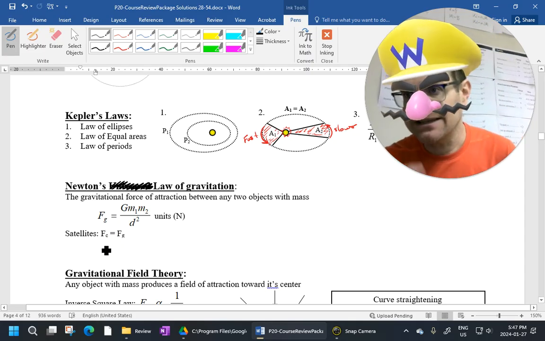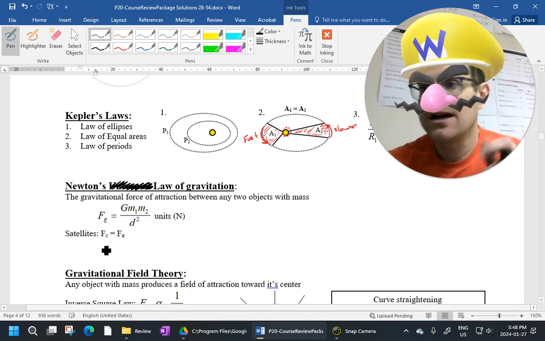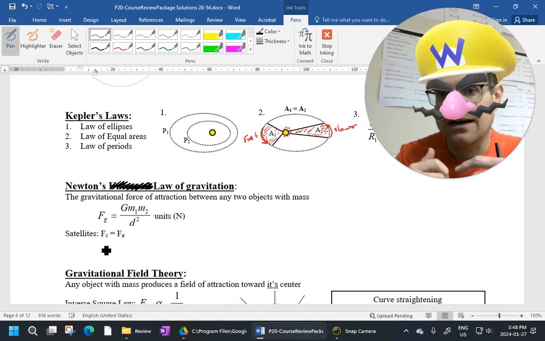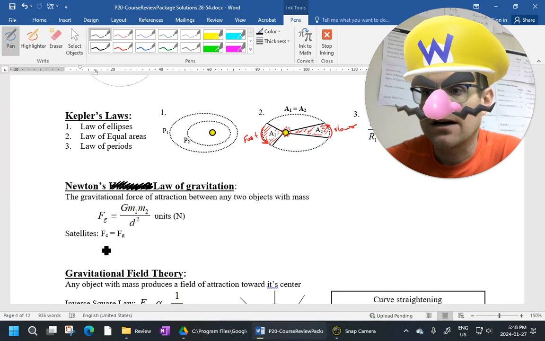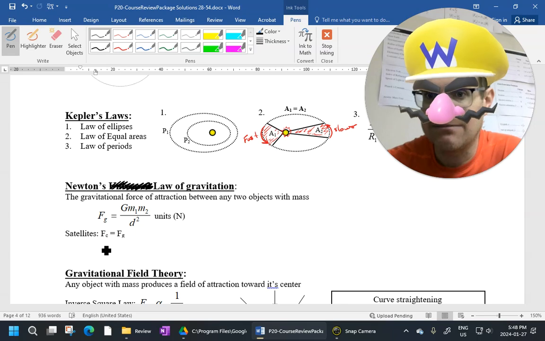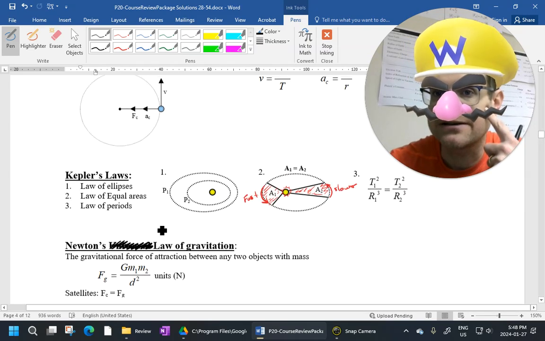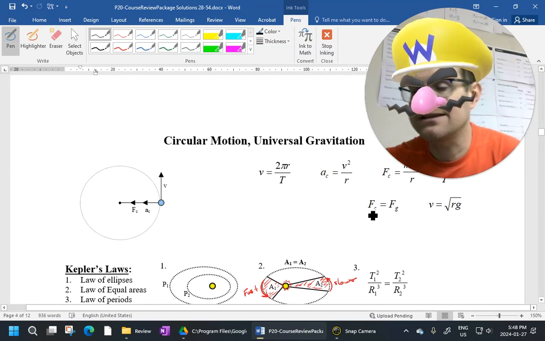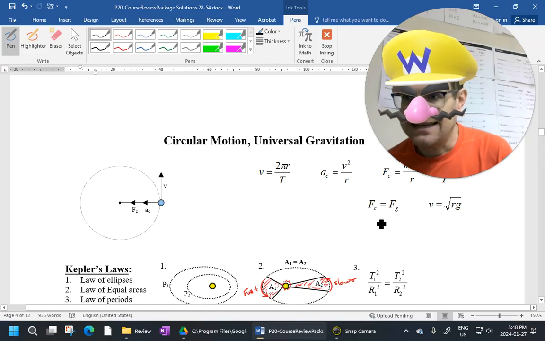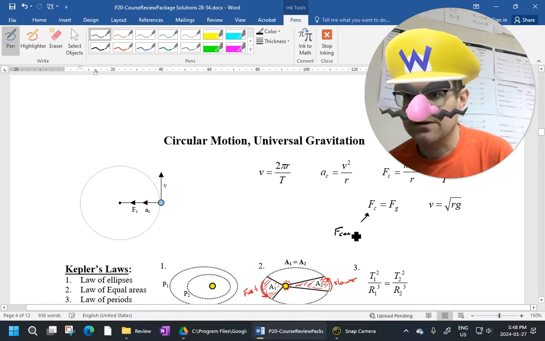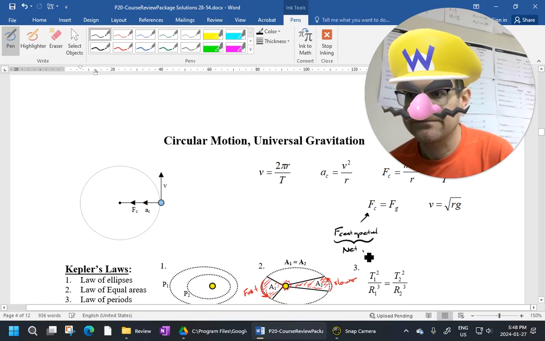And when we talk about satellites, the only thing keeping them in circular motion is our gravity. So our centripetal force, which is the sum of all the forces acting towards the center, you see up here, Fc is an F cent, right? This centripetal force is a net force.